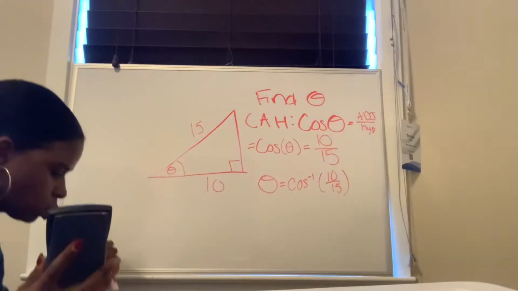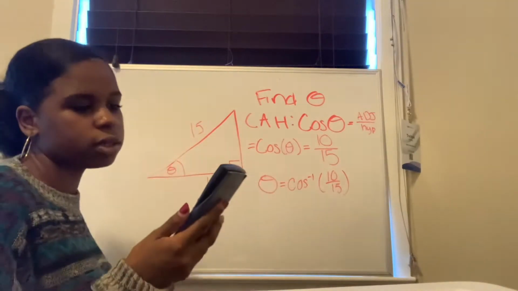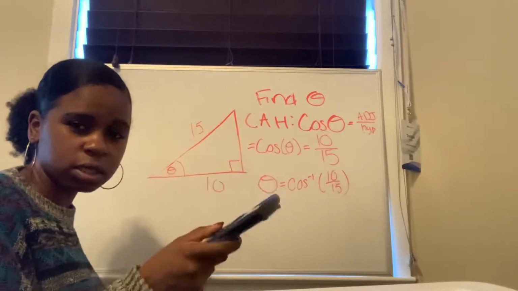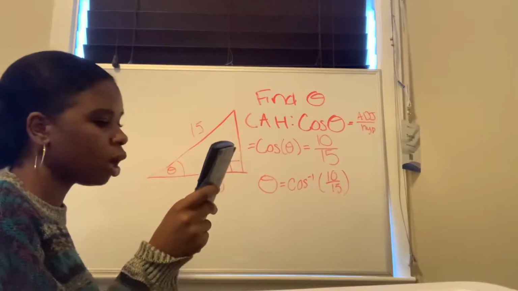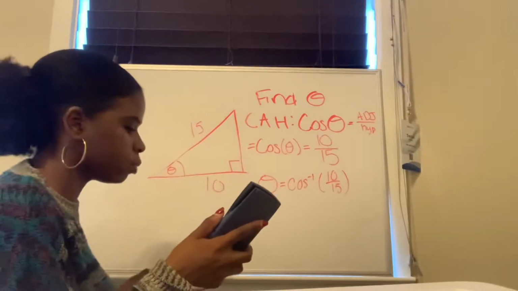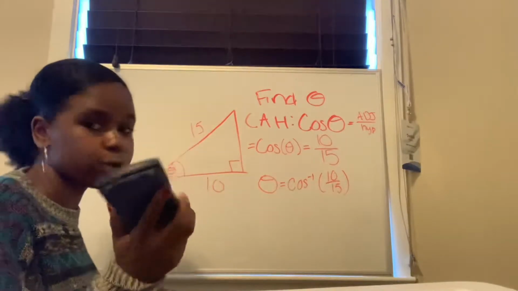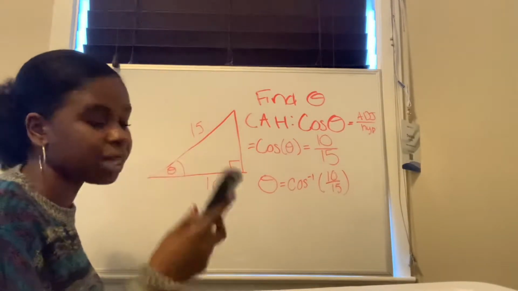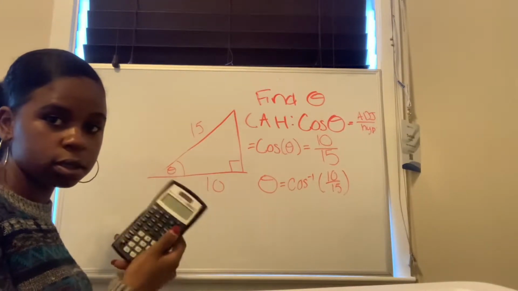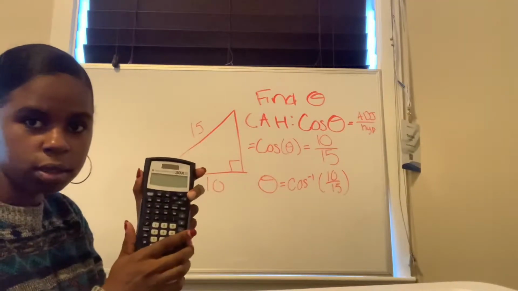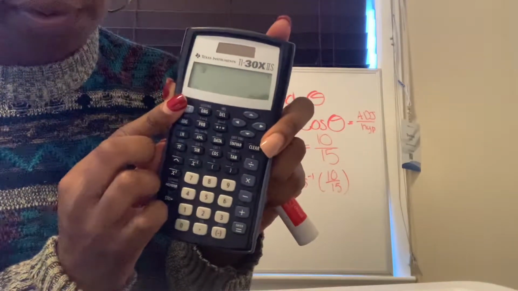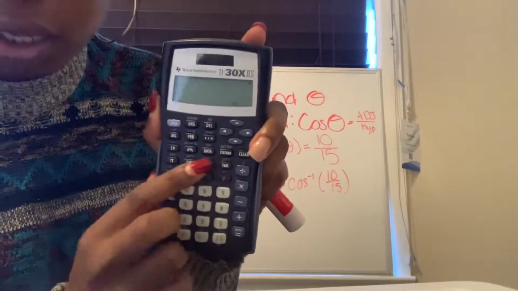Okay, so you don't need a graphing calculator. Right now, this is a TI-30. I think these are the most basic ones that do trig functions. So you don't need a graphing one. Financial ones won't do it for you. You need a TI-30 scientific calculator. To get this in the calculator, there's a little second button you'll hit so that we can take the inverse of these trig functions.